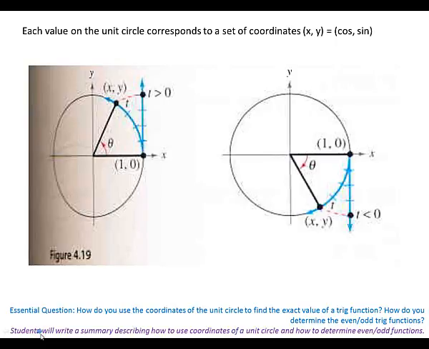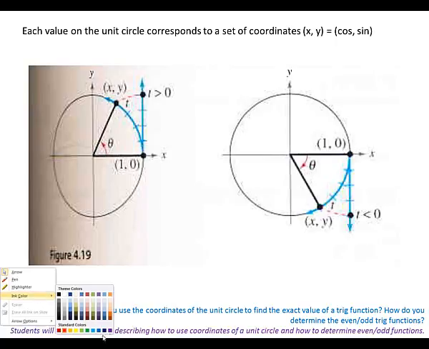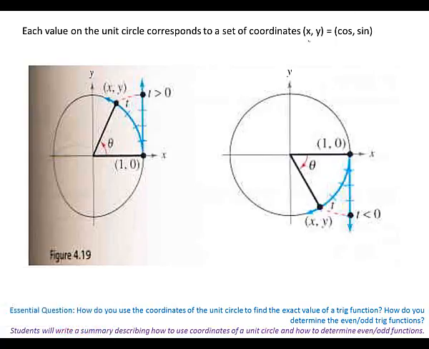Each value of the unit circle corresponds to a set of coordinates, and we talked yesterday about how that set of coordinates is x comma y. The x comma y stands for cosine comma sine. It's in alphabetical order.